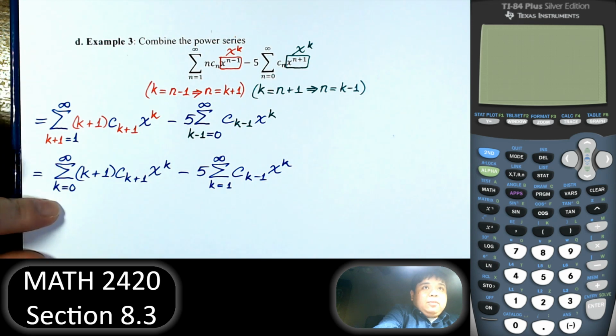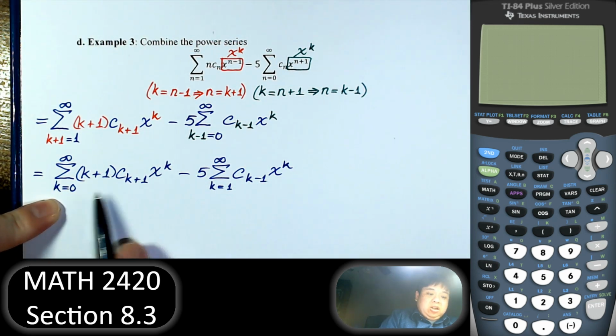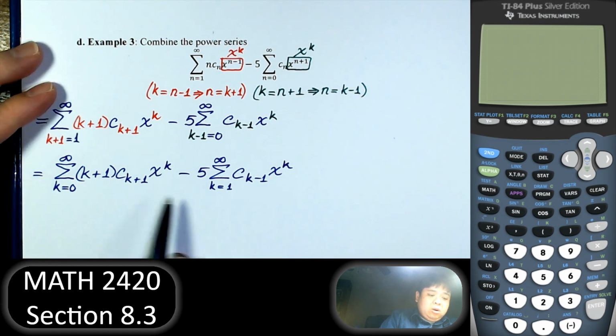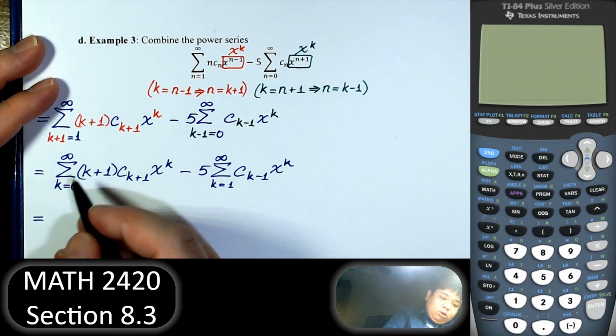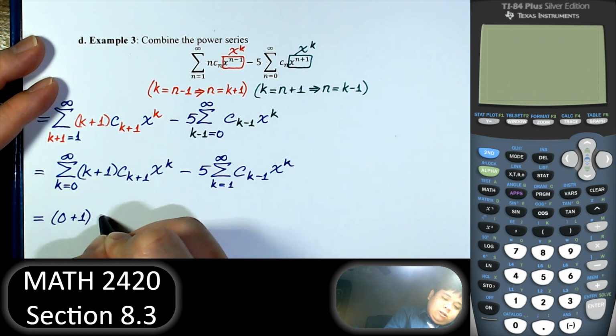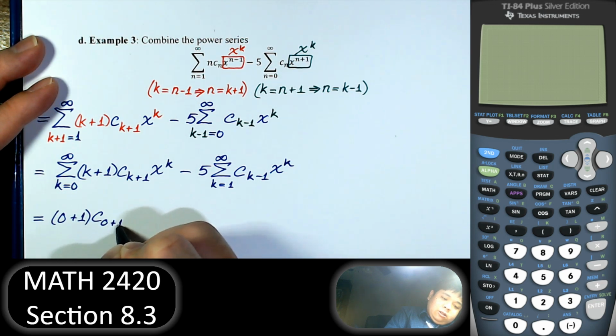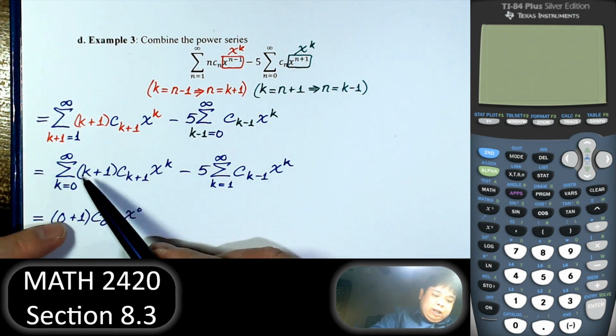Right. Next, this one starts at 0, this one starts at 1. We need to match the lower limits. So we have to split out the case when k equal to 0. Put 0 in here. Yeah, put 0 for k.